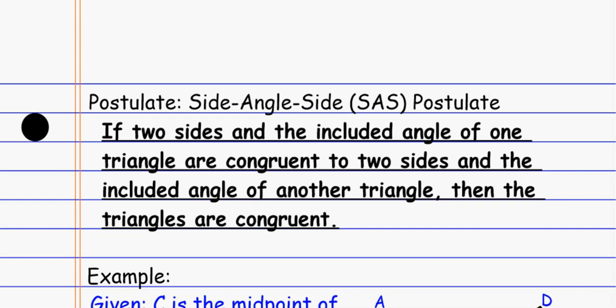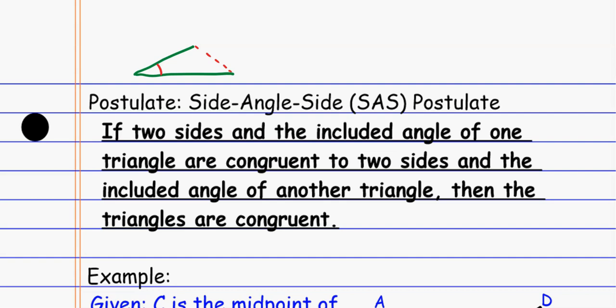And so the idea, once again, is if I have two things that are locked in terms of the length, and the angle in between is locked in, well, you see that third side is going to have to be a certain length. Okay, it's going to have to match up. And so again, if I had a side that's this long and a side that's this long, and this angle was locked in place right here, well, then this side is automatically this length. And these angles are locked in at being whatever they happen to be.